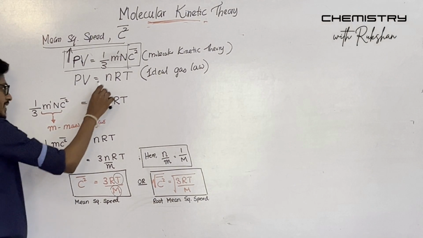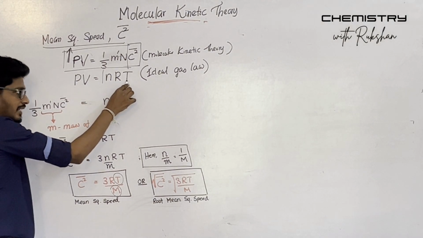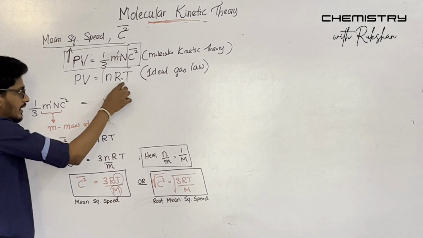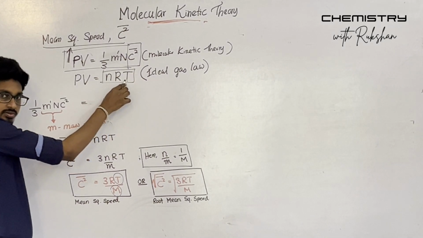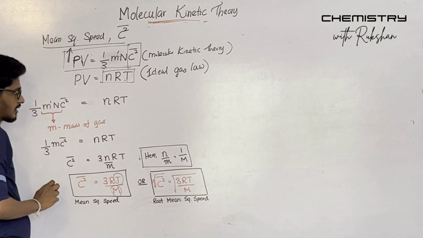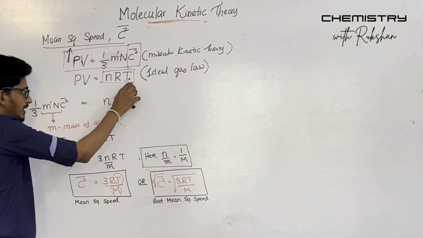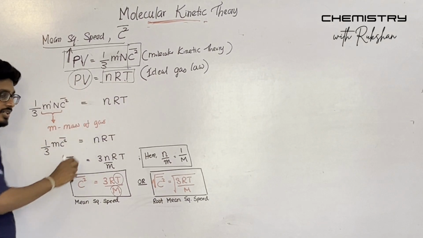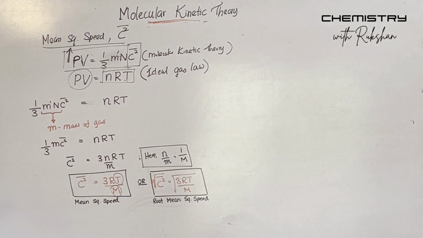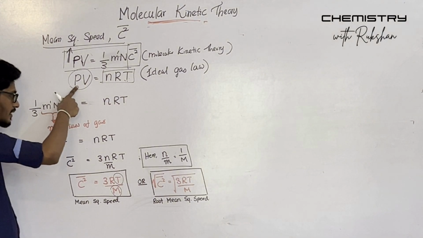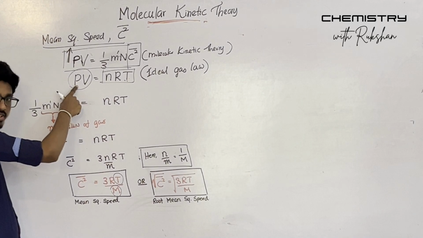The idea is this: as you are not changing the temperature and the kind of gas, this is a constant. That is a constant means the PV multiplication is going to be a constant. Even though you are changing the pressure, the PV multiplication won't change.